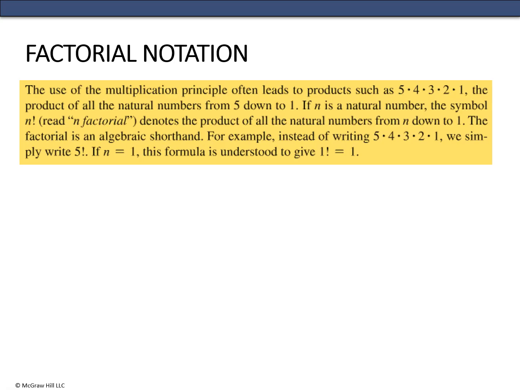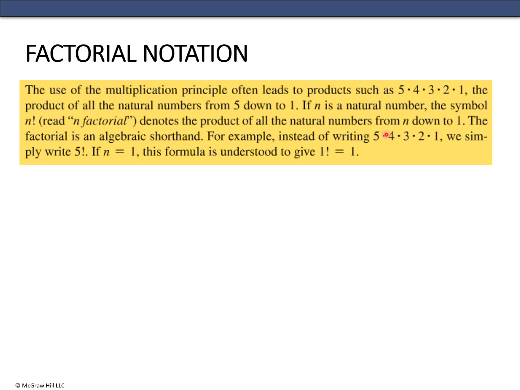There's something in math called a factorial, and this is written as you can see up here, like 5 exclamation point. What that means is you can write any integer value, a whole number, n factorial. And this just means the product of each of the multiples down to 1. So for example, 5 factorial equals 5 times 4 times 3 times 2 times 1.